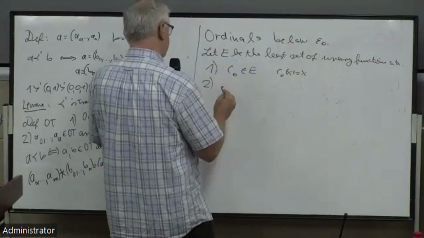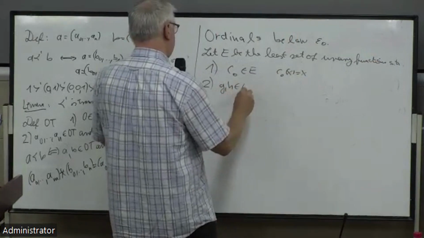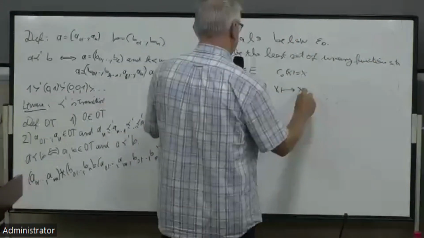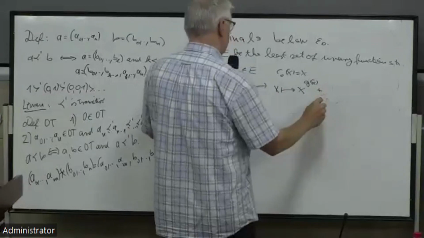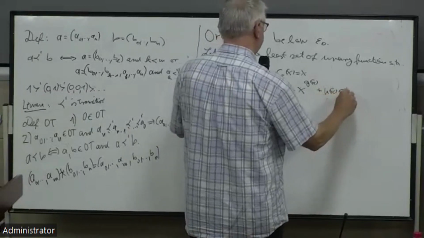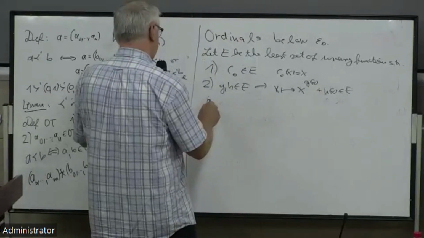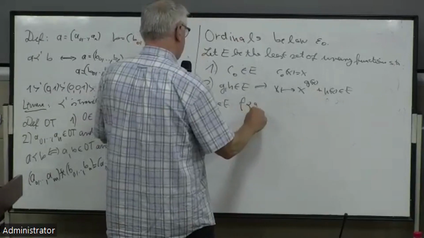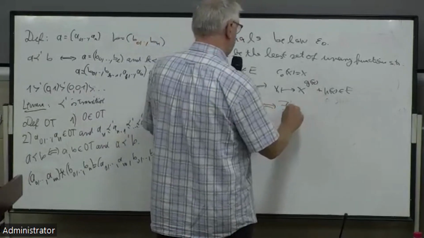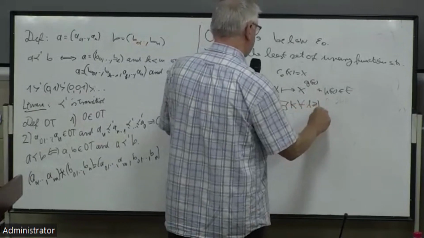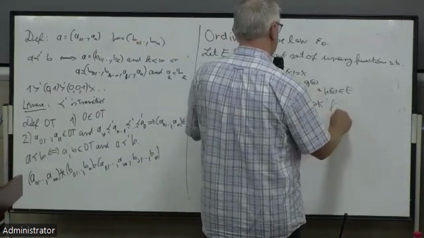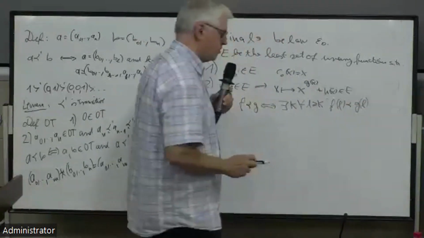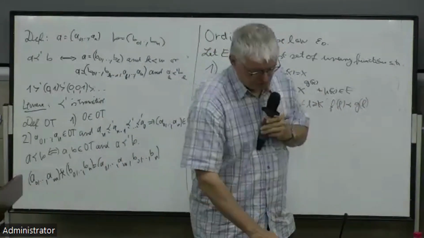And second, if G and H are in E, then the function x maps to x to the G of x plus H of x is in E. And for functions in E, we say F is smaller than G if and only if there is a k such that for all L as big as k, we have F of L is smaller than G of L. Now, this is interesting.